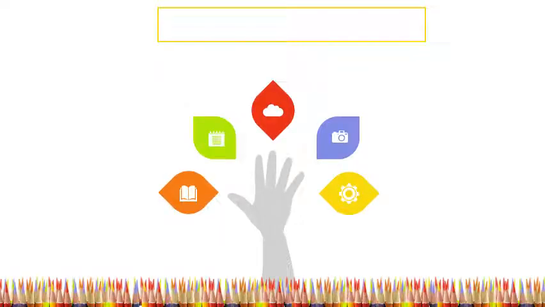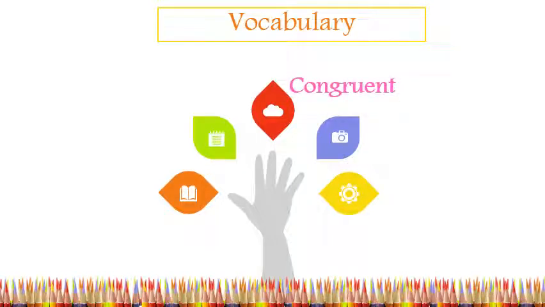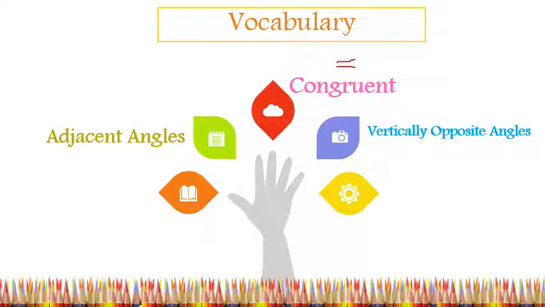Now, please, you have to pay attention to the vocabulary words that we are going to use here. Congruent angles means the angles that are equal to each other. Vertically opposite angles are the angles formed by an X shape. The angles opposite to each other, like the one above and below, are called vertically opposite angles. Similarly, the angles to the left and to the right.